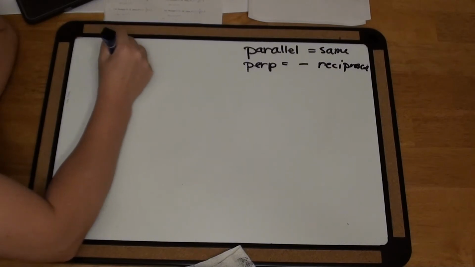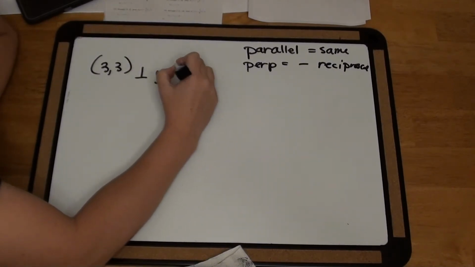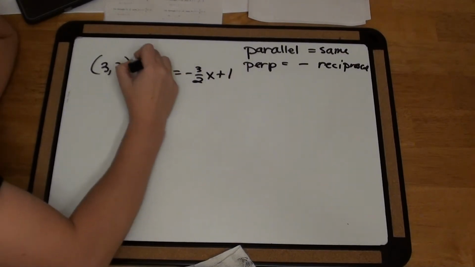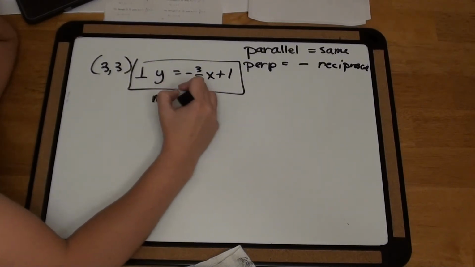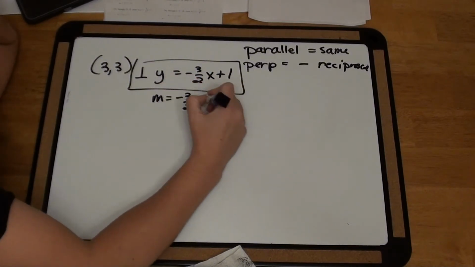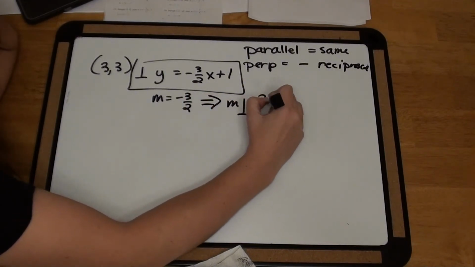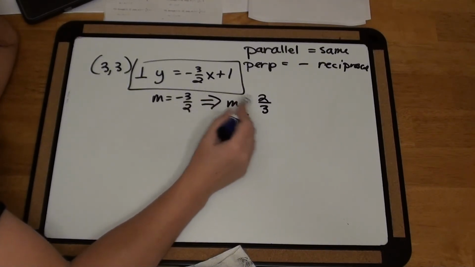So if we're going through the point (3, 3), and we're perpendicular to y equals negative 3/2 x plus 1, I'm going to use this equation to get my slope. My slope here is negative 3/2, which means the perpendicular slope to that will be 2/3. Because the opposite of a negative is a positive, and then we flip it over, 2/3.